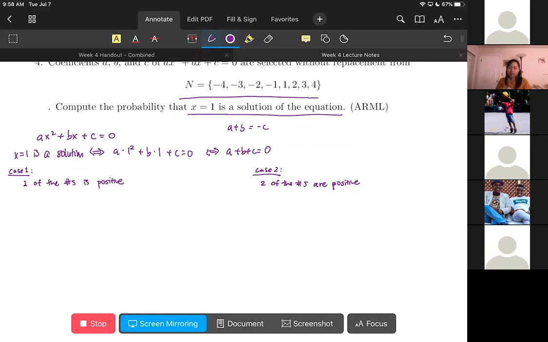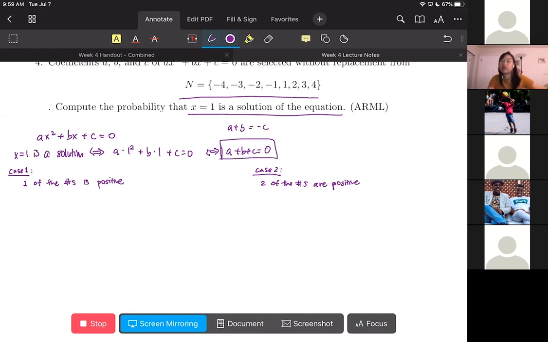And so now we can just do some casework here. If one of the numbers is positive, what are some combinations that we can have? We could do 4 choose 8, because there's 8 values and we're choosing 4 of the negative ones. But how do we make sure that a plus b plus c equals 0?